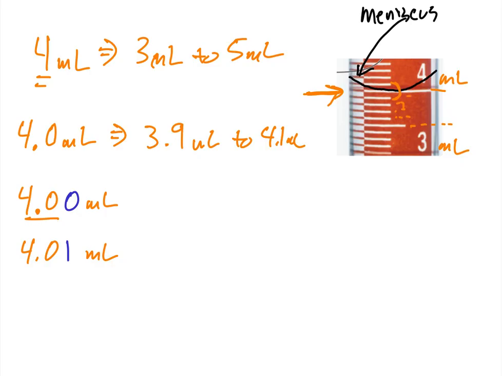So that first decimal place and all the digits before it represent certain values, and it's that last value that is estimated, based on how you've mentally broken up the space between those smallest ticks, that is going to represent an estimate. And so even if your estimate is zeros, we somehow need a way to keep track of that fact and keep track of those zeros.